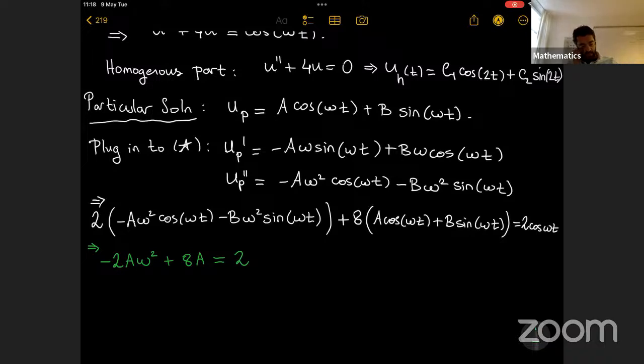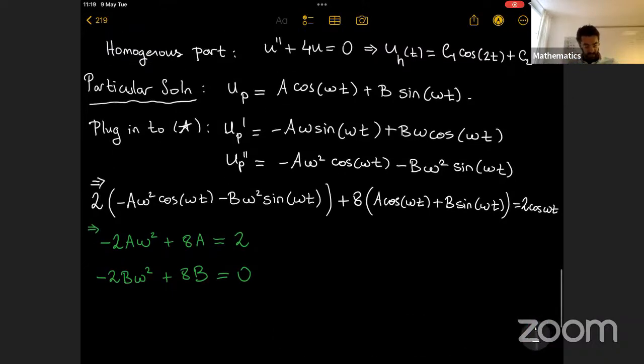Now, let us write the coefficient of sine: minus 2b w square plus 8b is equal to, on the right hand side, we don't have any sine functions, so this is going to be 0. But the nice thing is, this tells you 2b times parentheses 4 minus w square.